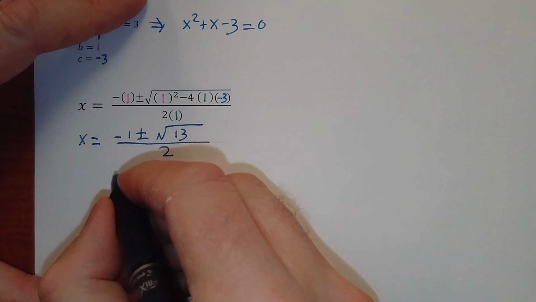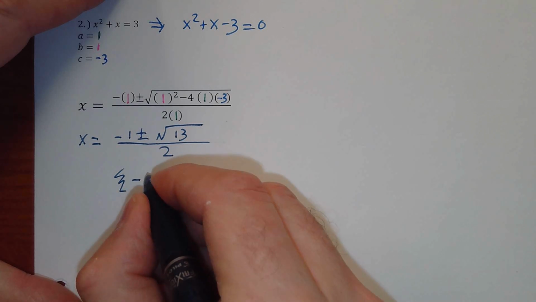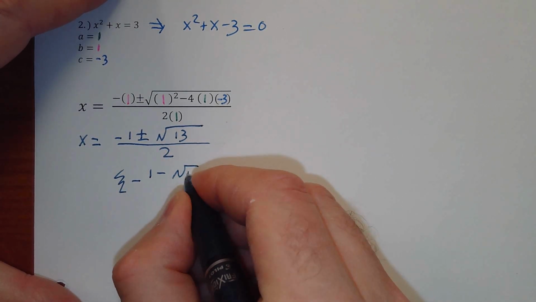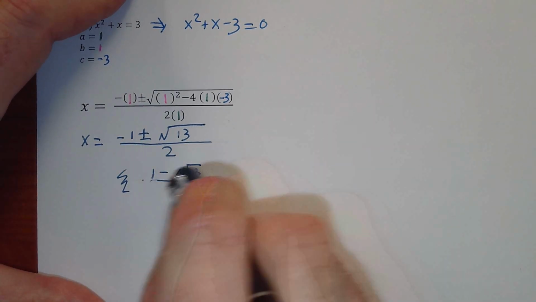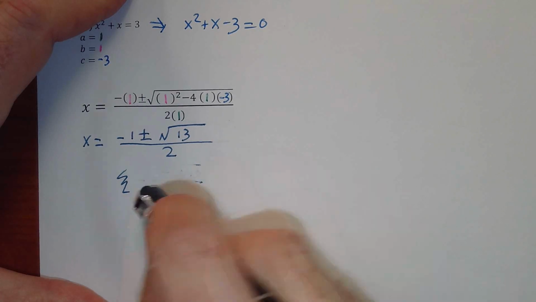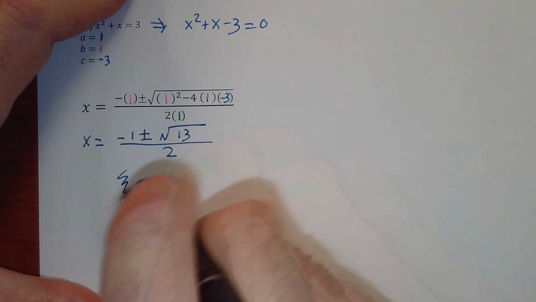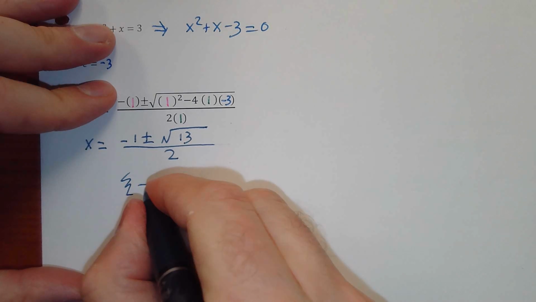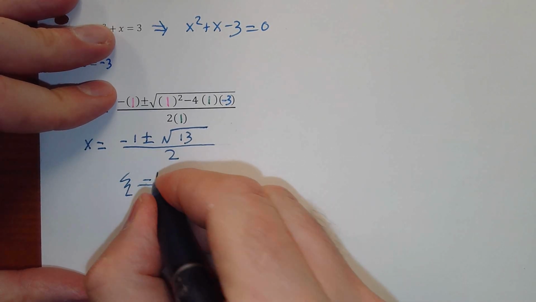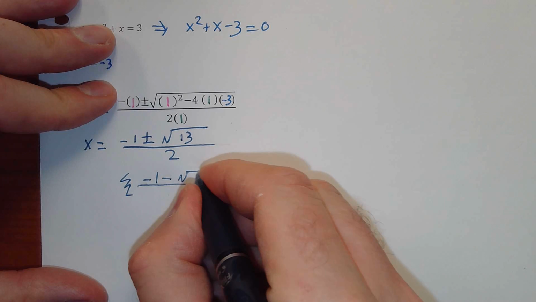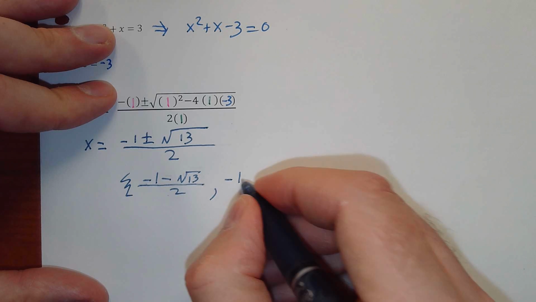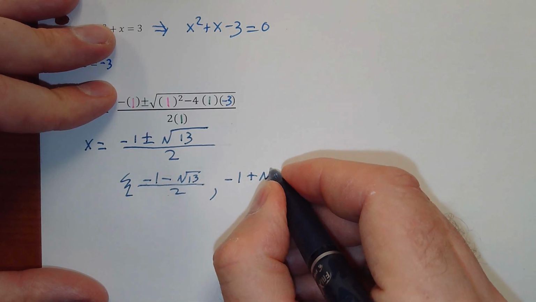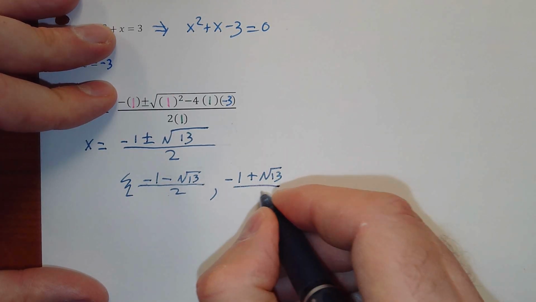Again, I can write this as negative 1 minus square root of 13 over 2, and negative 1 plus square root of 13 over 2.